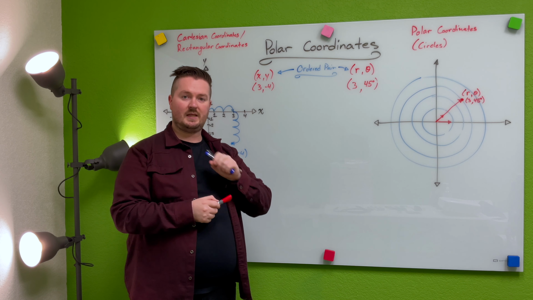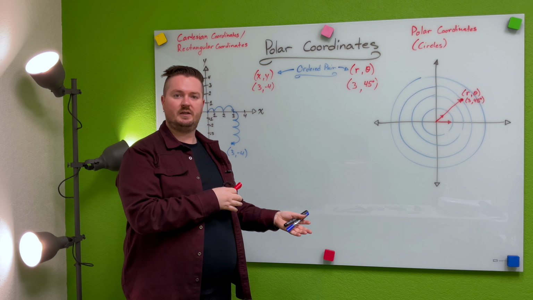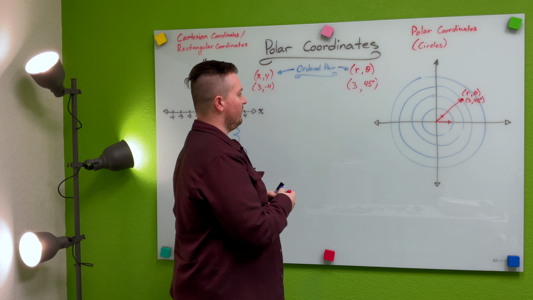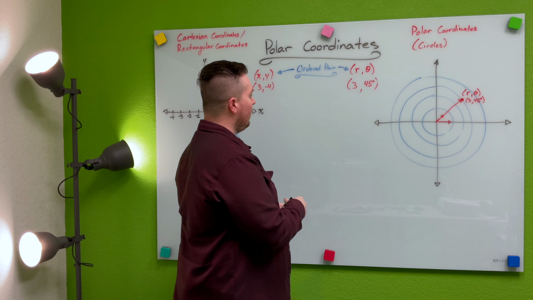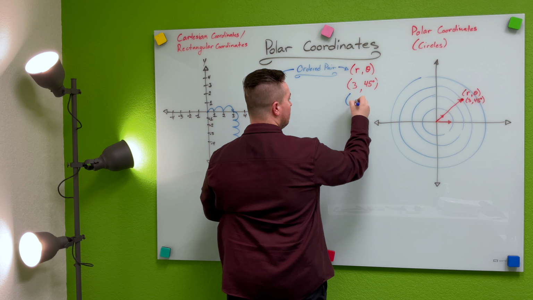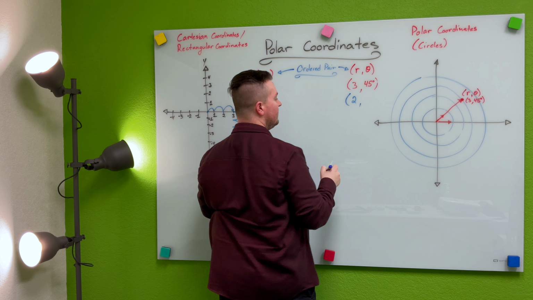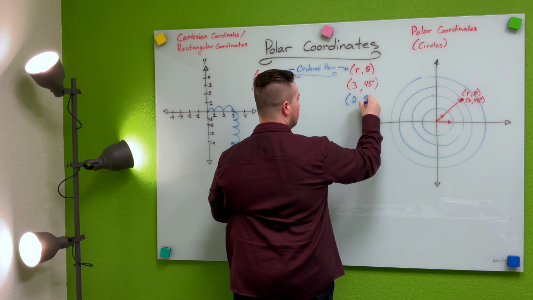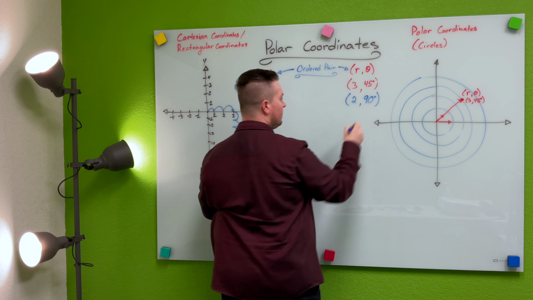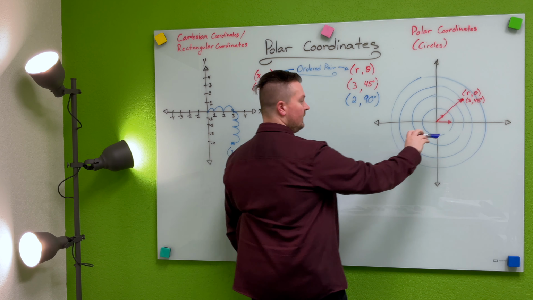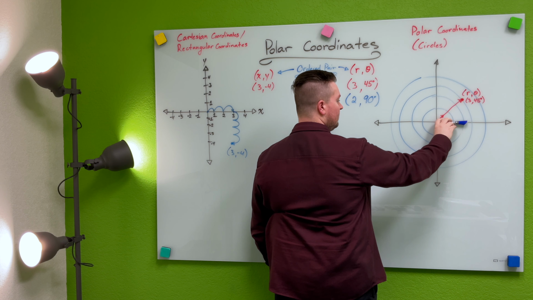Now let me give you a second example before we kick it up a notch and get to something that confuses people a little bit initially when we're talking about polar coordinates. So now let's look at, say, a radius of 2 and an angle of 90 degrees. As always, we'll start by facing the positive x-axis. What is the angle we are going to be turning?